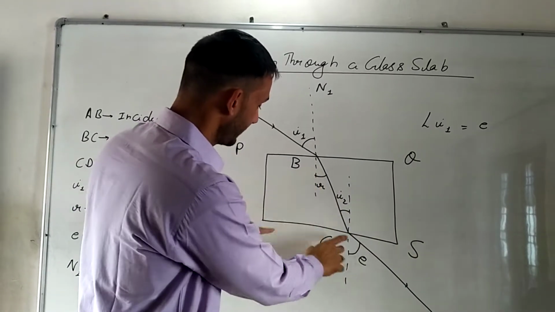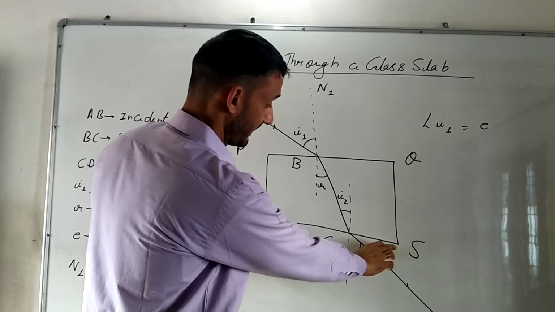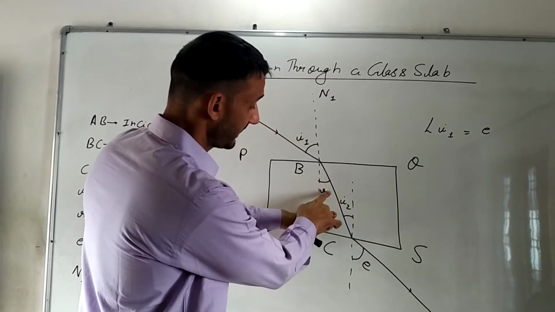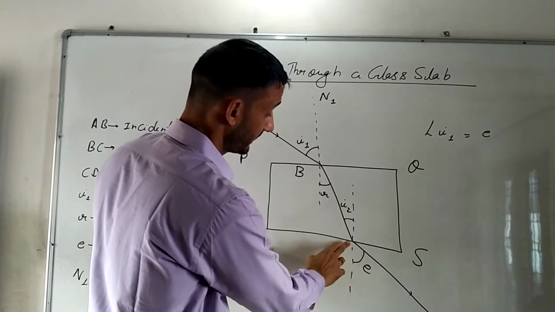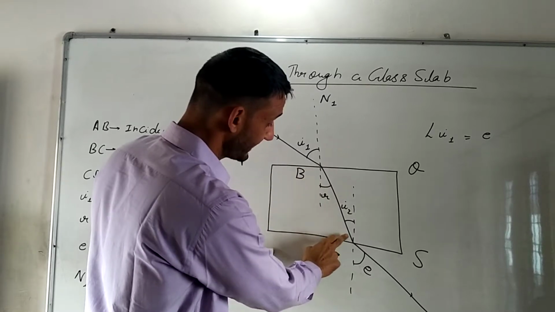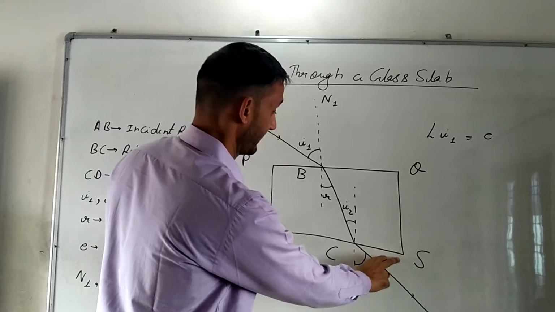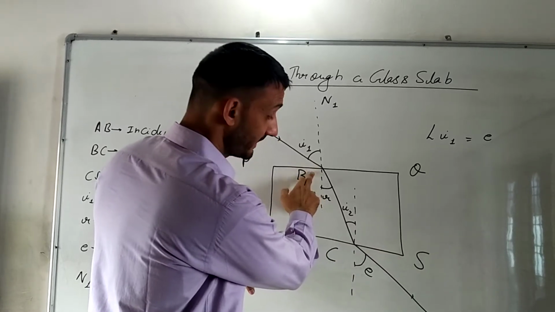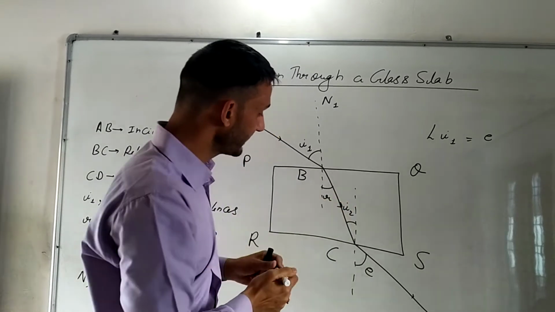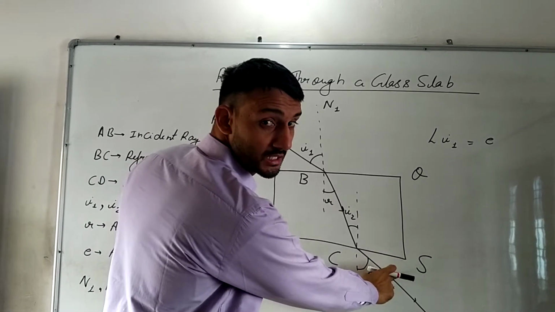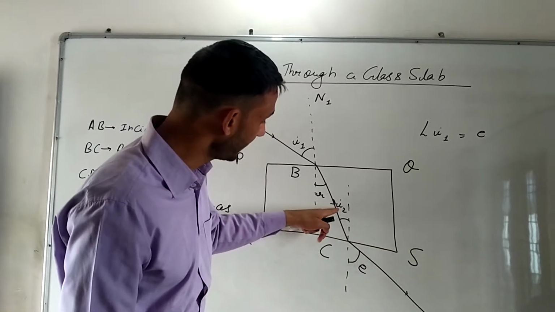So when the light ray strikes this surface RS from inside the glass, I have considered BC as the incident ray for surface RS. That is why I have taken this angle as I2.